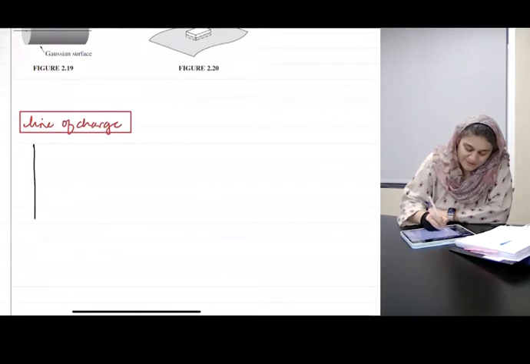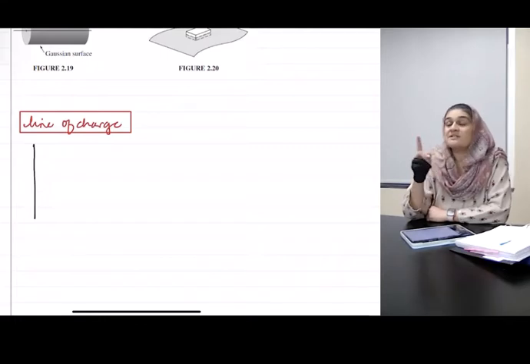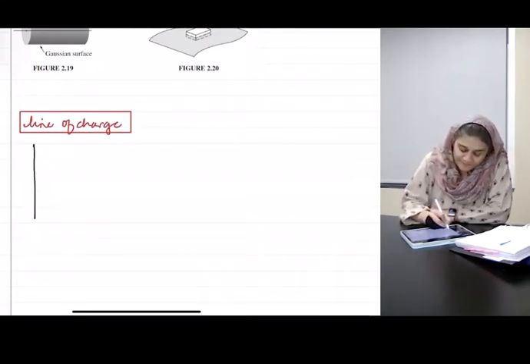So imagine I have a line of charge. I'm going to make my Gaussian surfaces with orange, just to separate them out.